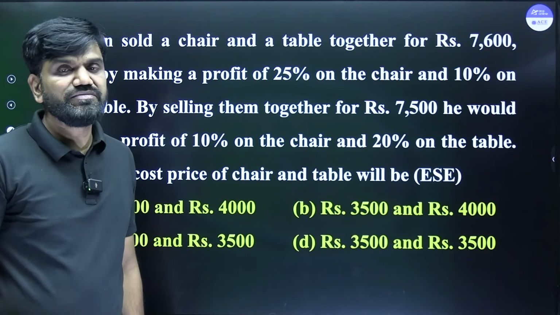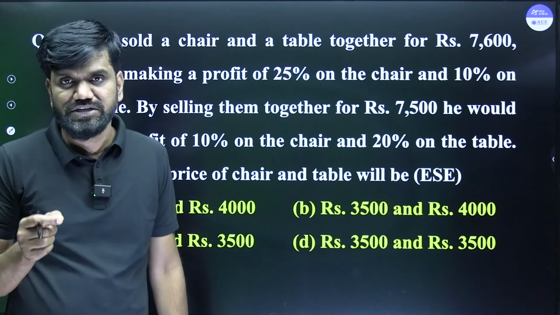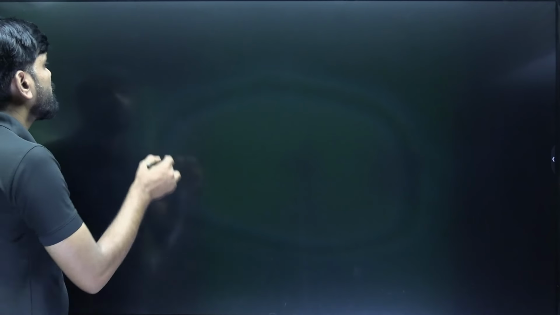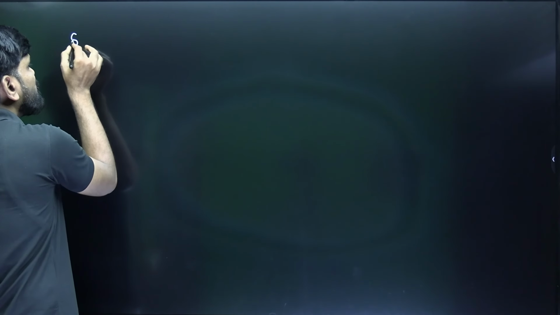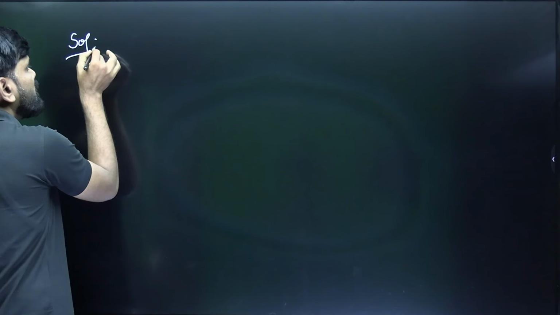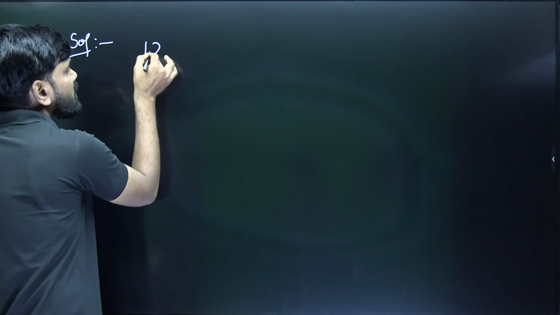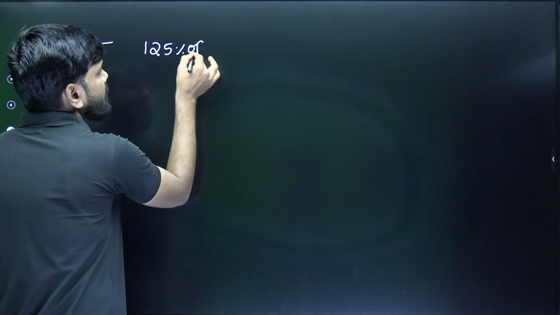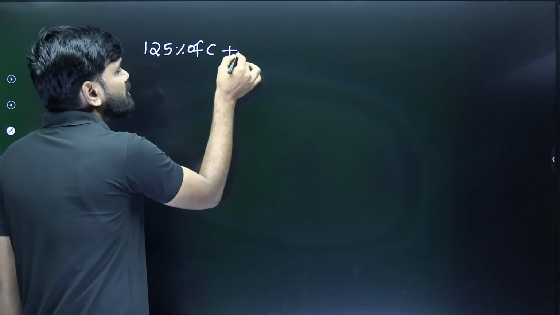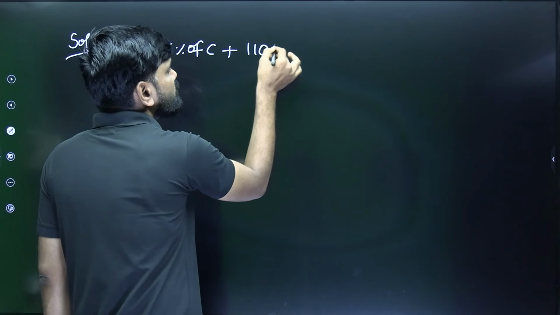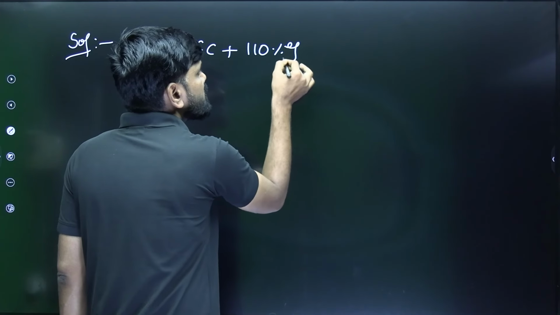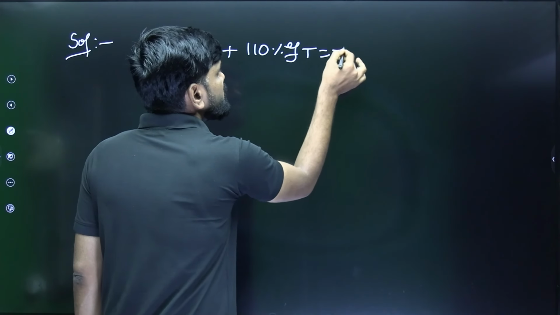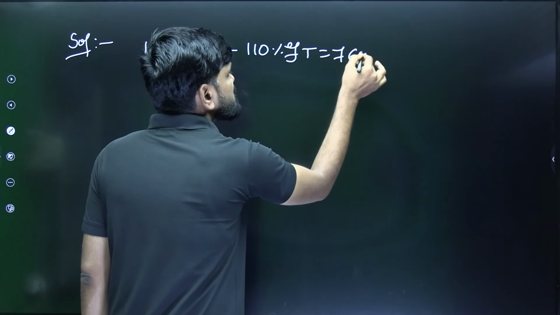Let's assume the cost of the chair as C, table as T. If so, on chair there is a profit of 25%, means selling price is 125% of the chair and 10% on the table, so it is sold for 110% of the table. That should give you 7,600.